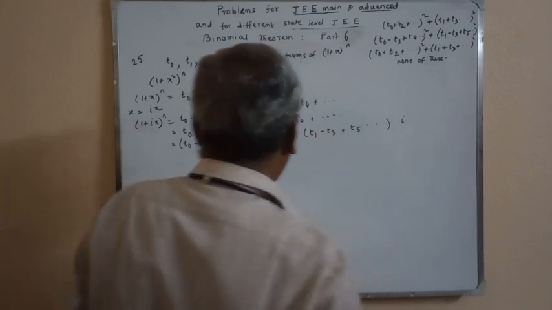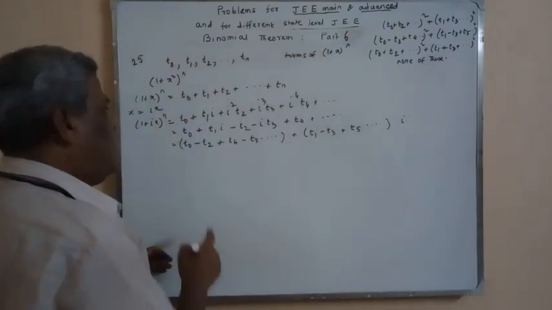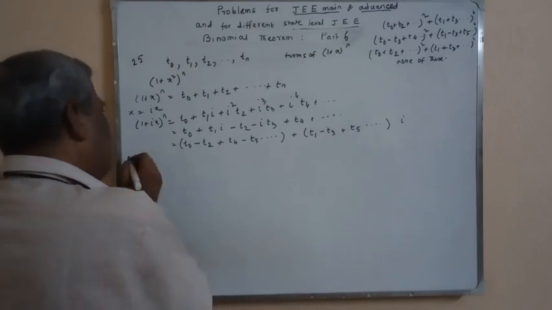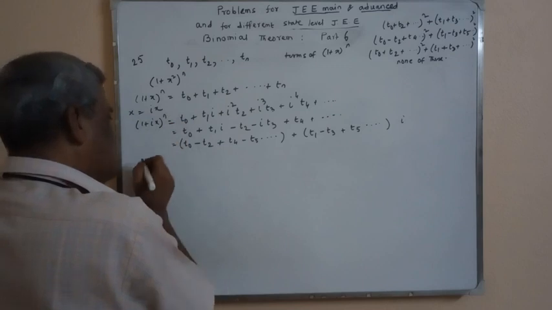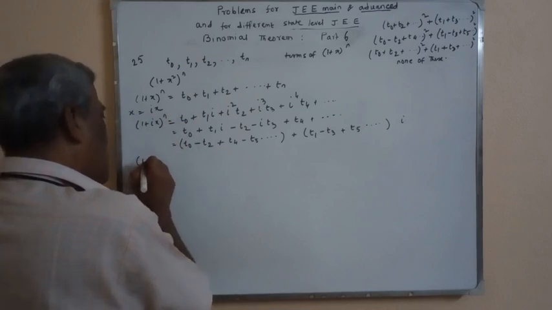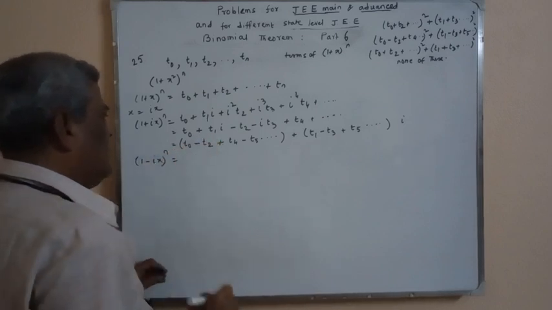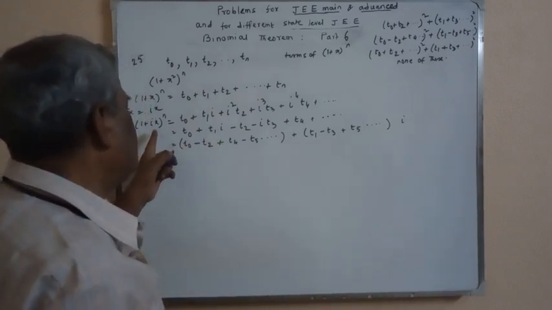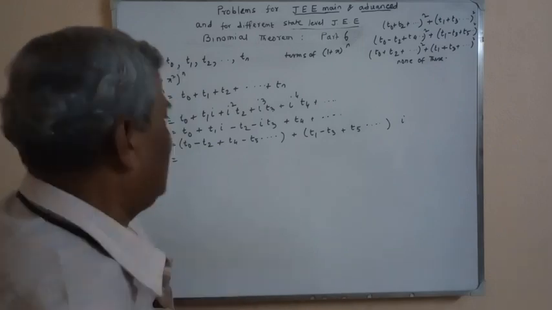This is (1 plus ix) to the power n. Similarly, putting x is equal to minus ix, it will be equal to (1 minus ix) to the power n. The difference between this and that is that i will be replaced by minus i.